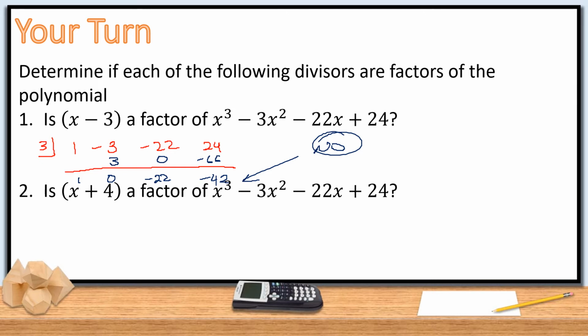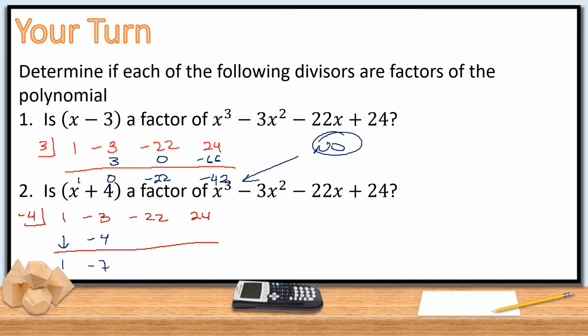x plus 4. So the divisor would be minus 4. And 1, minus 3, minus 22, 24. 1 comes straight down. 1 times minus 4 is minus 4. So that's minus 7.